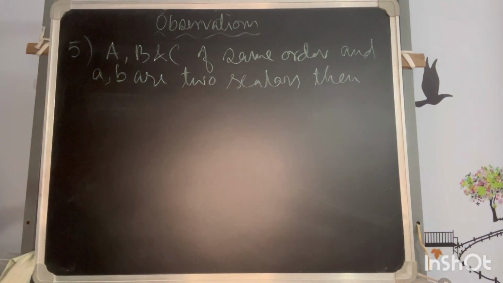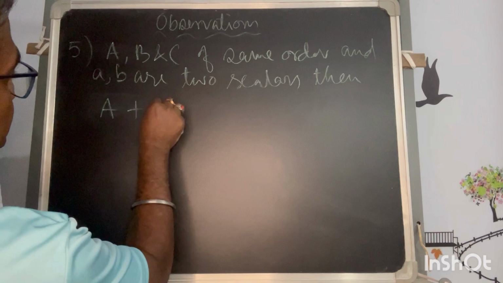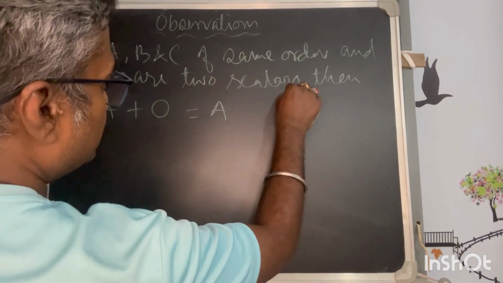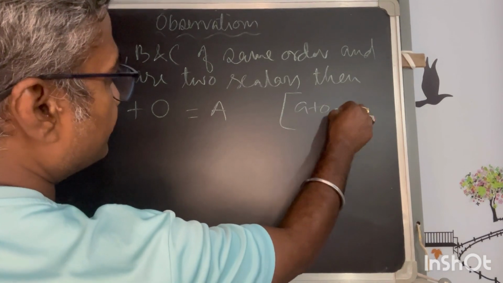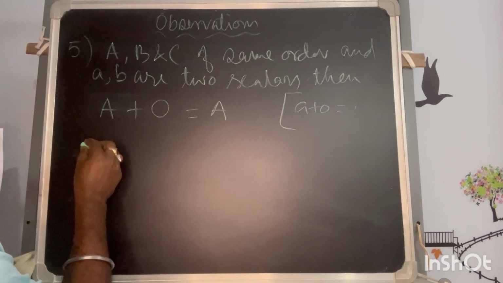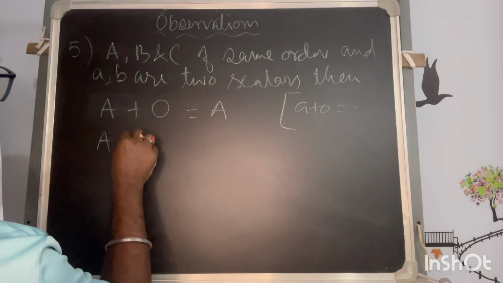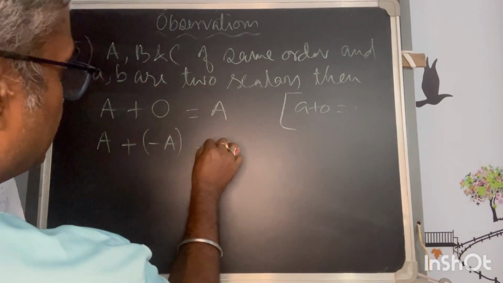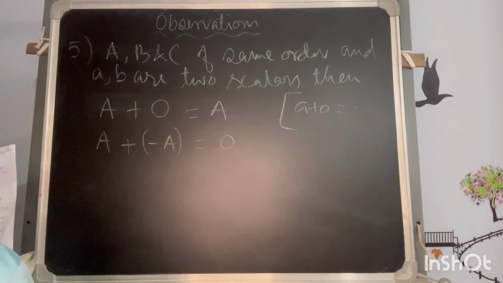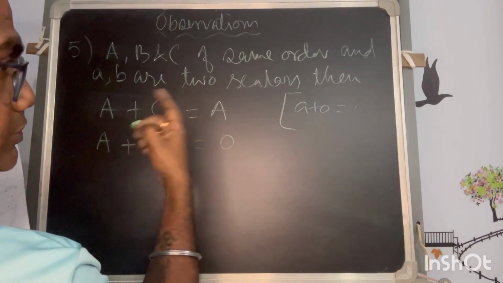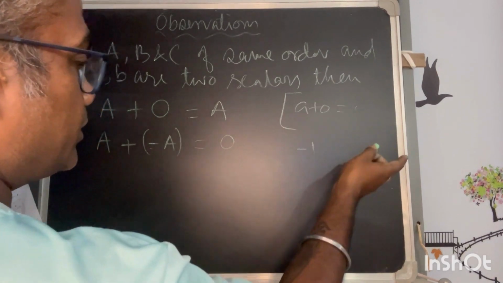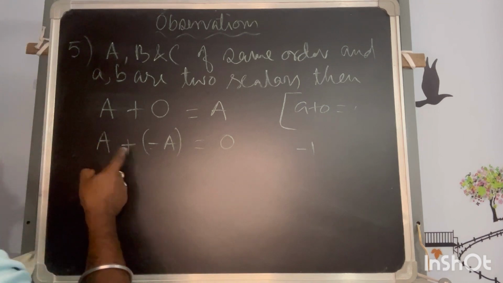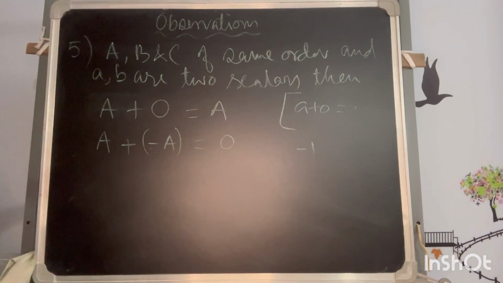And another thing, if a matrix is summed with a zero matrix, it won't change its value. This is following the algebraic rule also. And if a matrix is added with the negative of the matrix, it becomes zero. That is also true, because this negative is associated as a scalar of -1 with the matrix. This will be multiplied to all the elements, so this will give you a zero result.